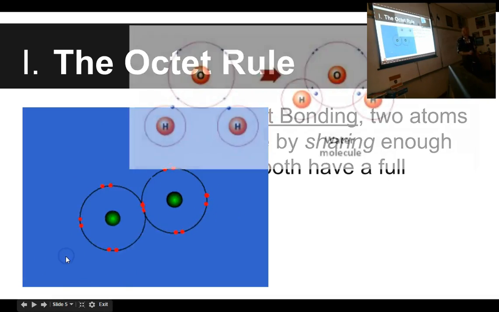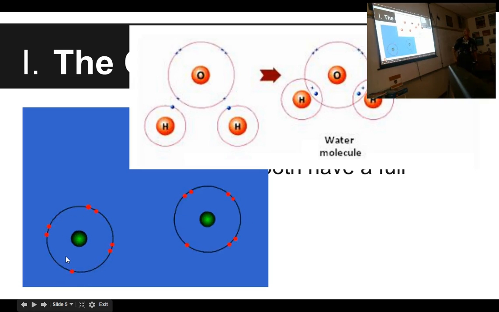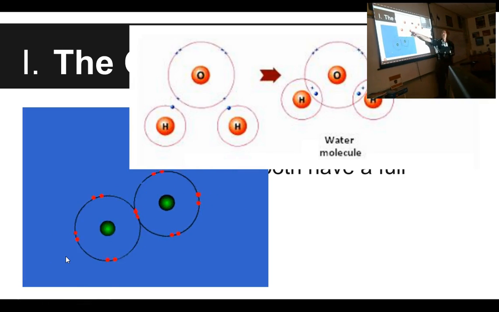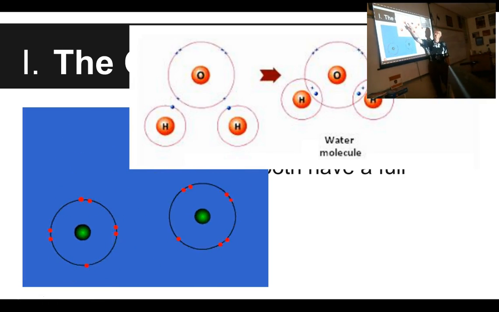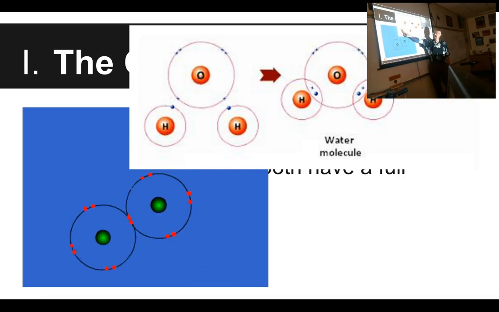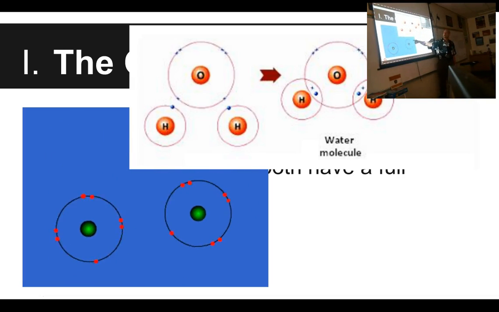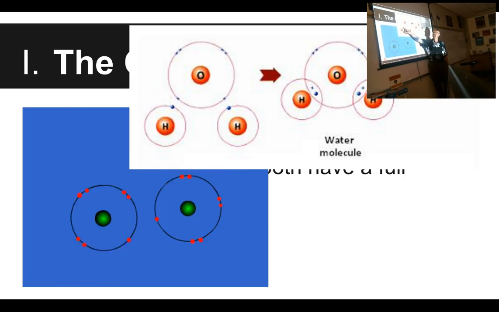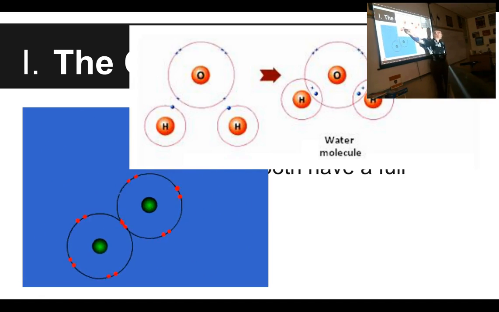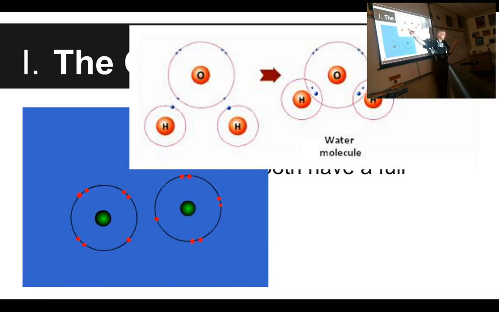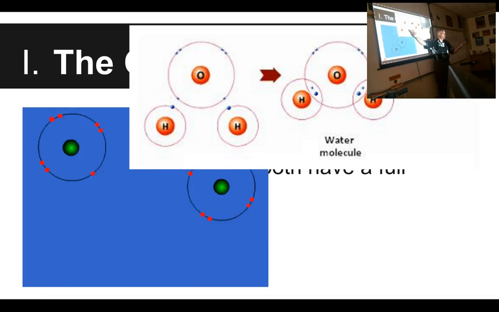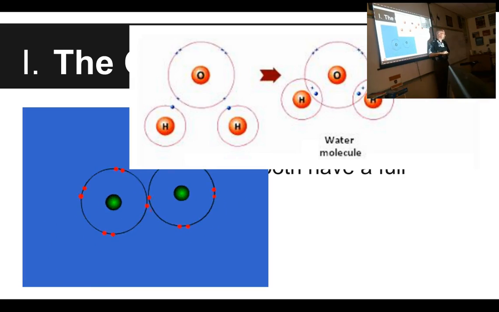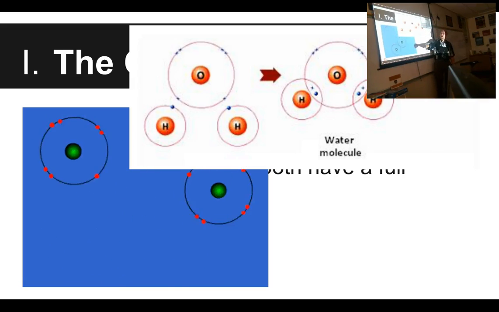Dogs are fun. So, oh wait, I've got another picture before the dogs. Just a second, we'll get to dogs. Water molecule. Oxygen has 6 electrons, hydrogen each have 1. If the hydrogens share their 1 electron with oxygen, now they are full. Remember, hydrogen only has room for 2 electrons. So he's full with 2. So would helium be full with 2? Everybody else needs 8.